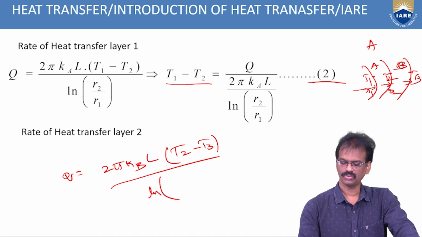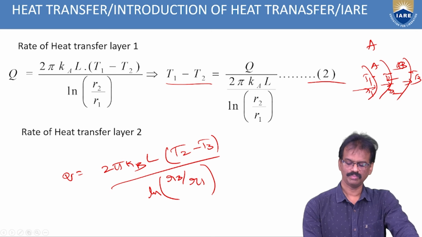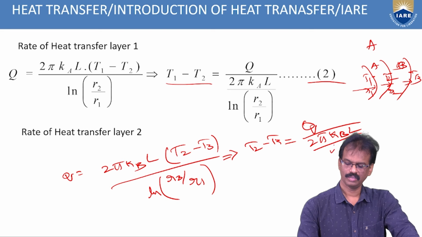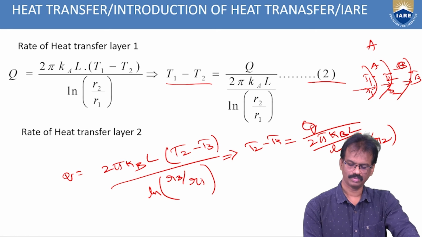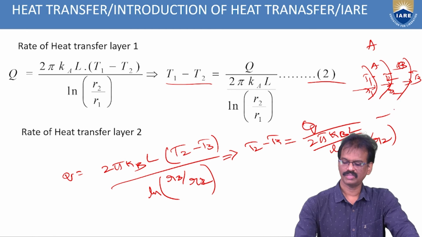So here R2 to R3, so it means ln R3 by R2. From which you can write T2 minus T3 is equal to Q by 2 pi KBL ln R3 by R2. So this is equation 3.